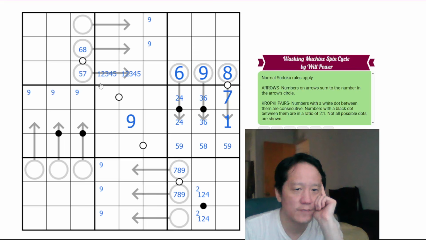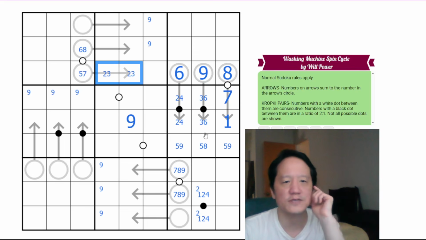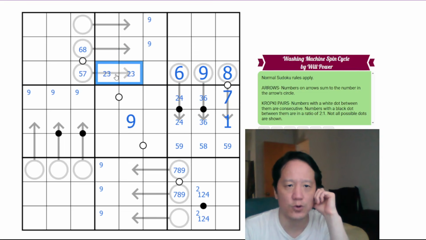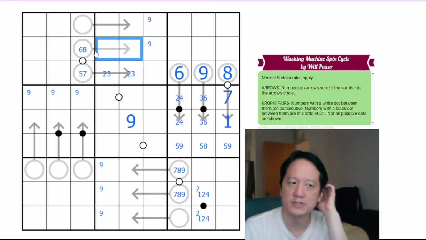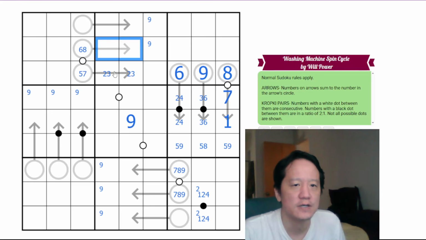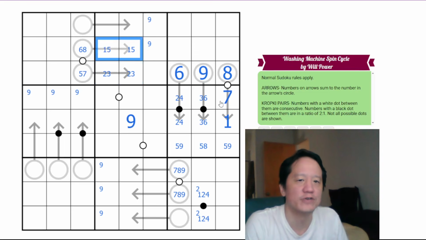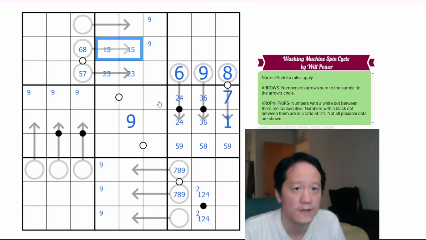It would have to be 2 and 3. Because if it's 1 and 4, that would eliminate all possibilities for 6 here, right? Because that would eliminate 1, 5, and 2, 4 as possibilities if you have 1, 4 here. So it's 2 and 3, which forces this to be 1, 5 there.